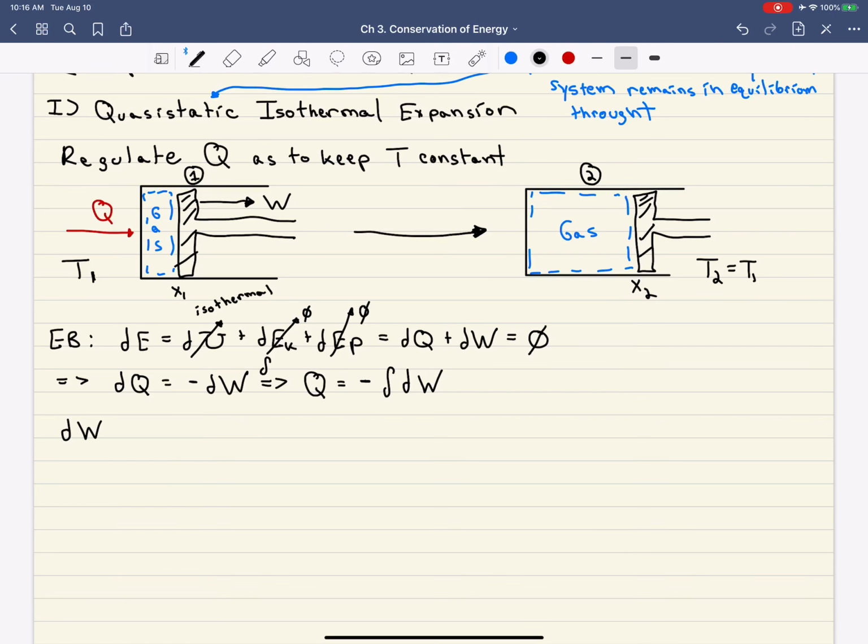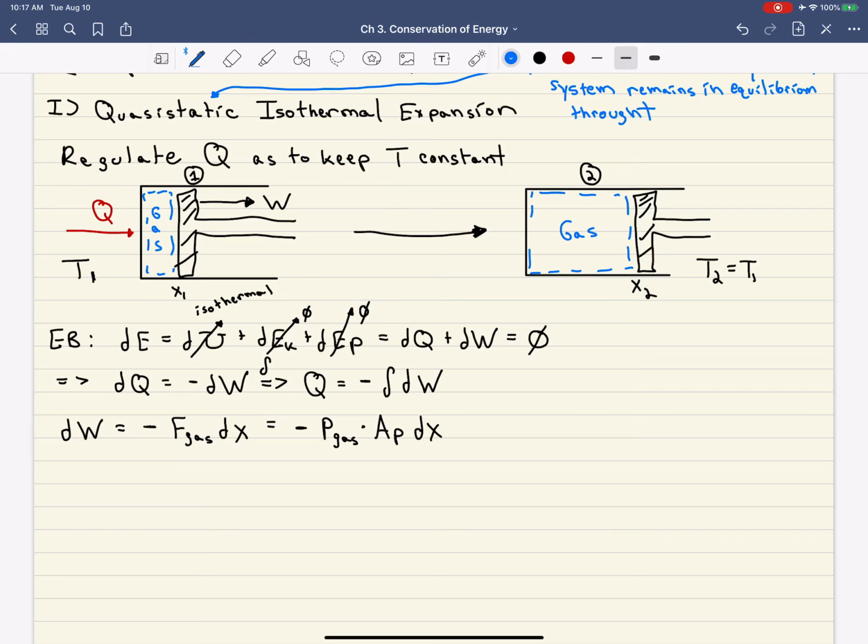So, from the previous video, we know that in general, dW can be described as the negative of the force exerted by the gas times the displacement caused by the system. From the arguments in the last video as well, we also know that the force of the gas is equal to the pressure of the gas times the area of the piston that it's acting on, times dx. Okay?